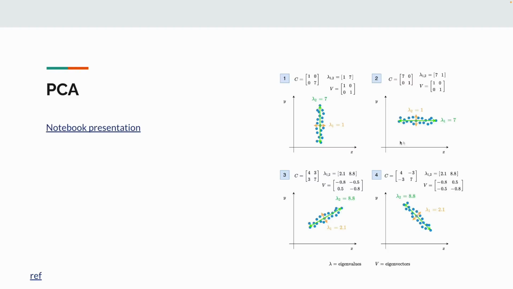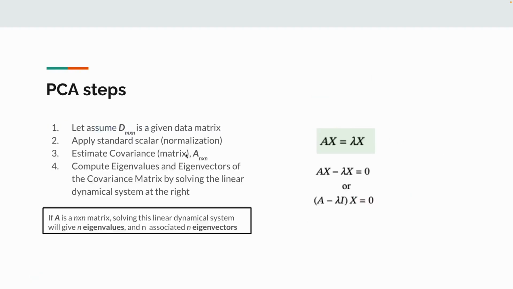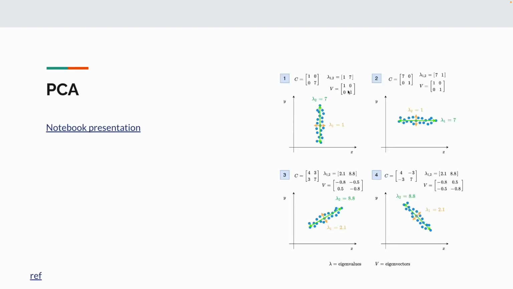If you pay attention, what's happening is that you are decomposing your covariance matrix through this linear equation, then tracking which eigenvalue is the highest, and choosing the corresponding eigenvector as your solution. So that's the general idea of principal component analysis.